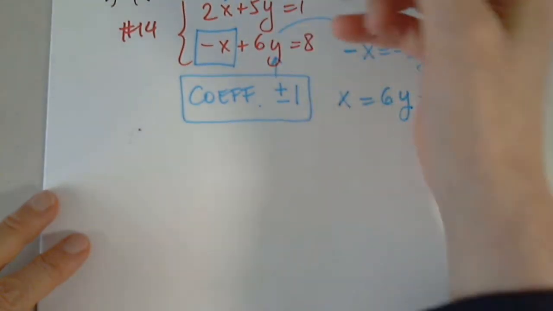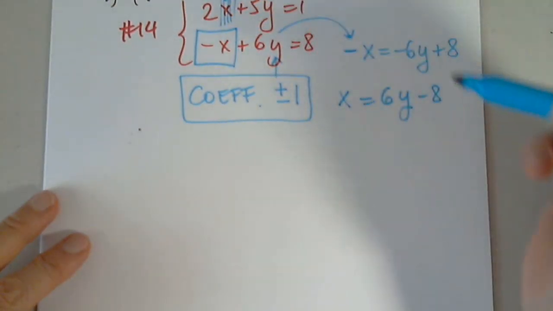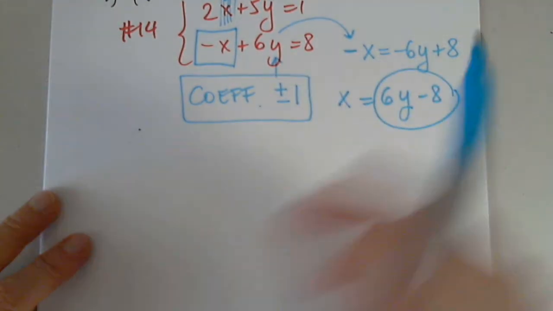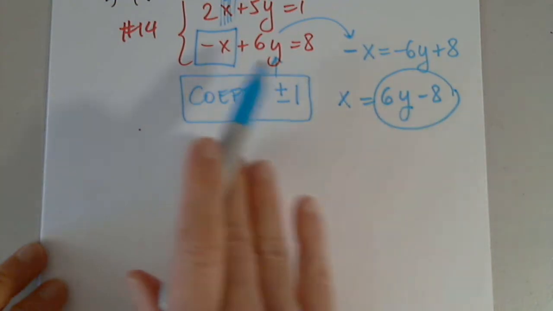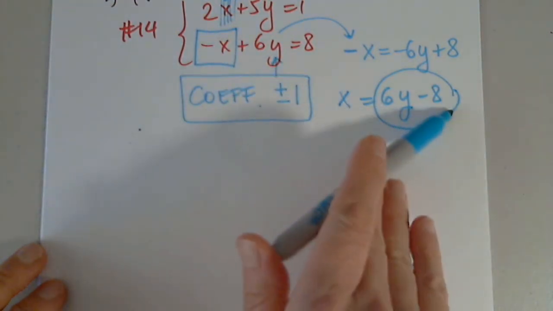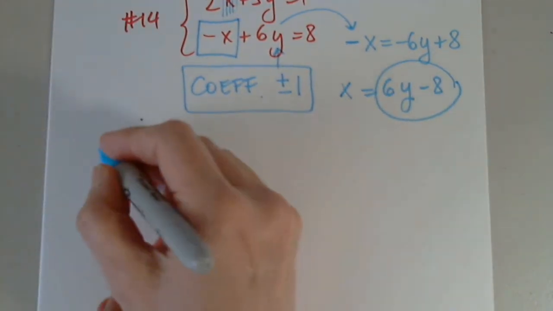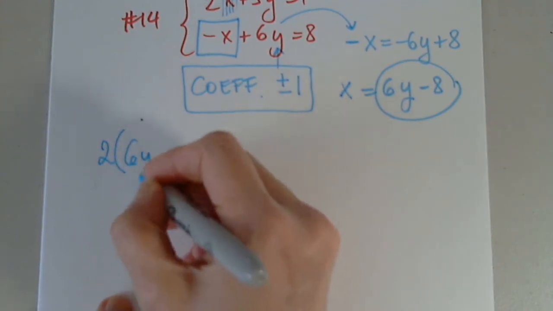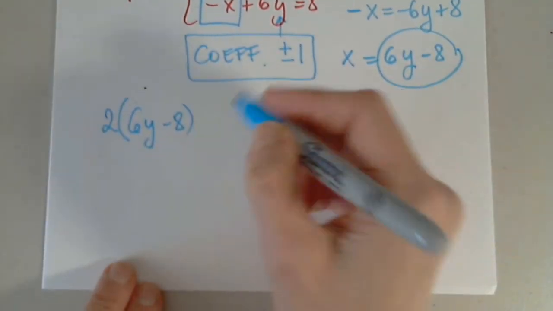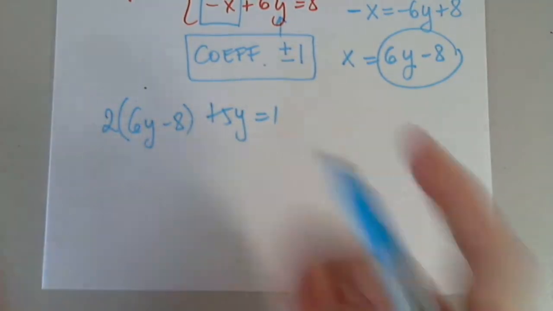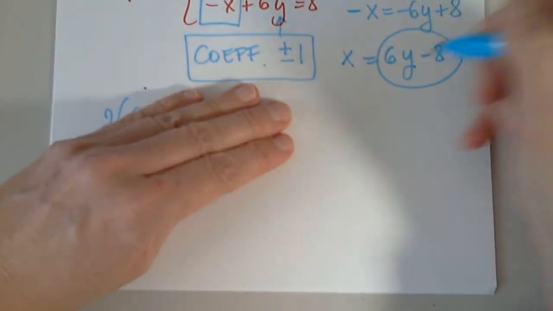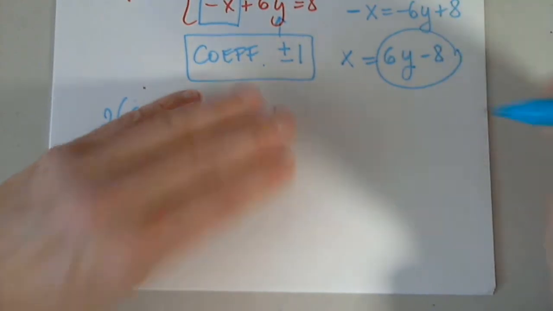I solved the second equation for x. I have to go back to the first one and replace x with 6y minus 8, because x is the same as 6y minus 8. So 2(6y minus 8) plus 5y equals 1. Once I perform the operations here and get y, I'll go back and replace y here to get x.